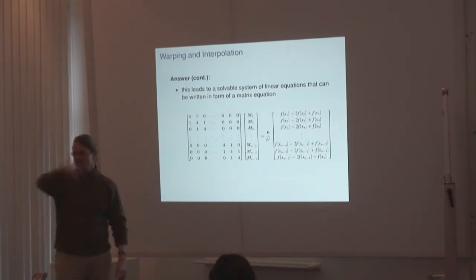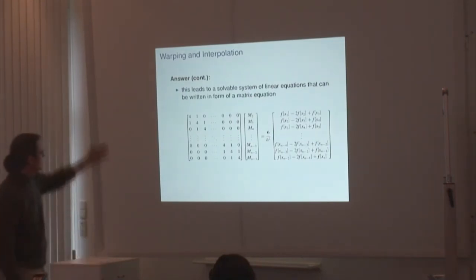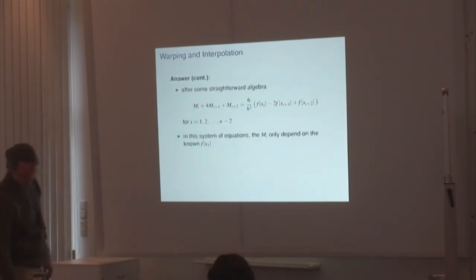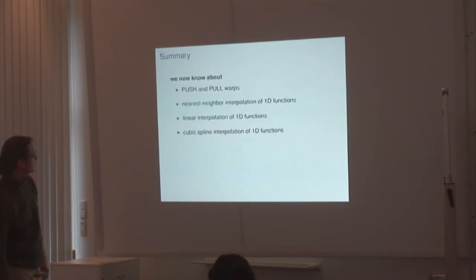These interpolation functions are really smooth. Here is the matrix equation that results from this system of equations here. And this can be solved, no problem there, and we are done.